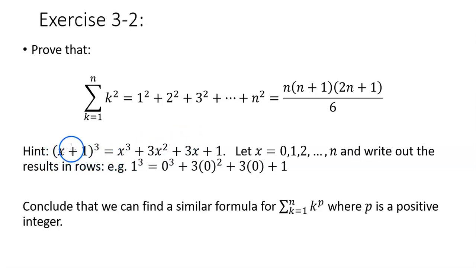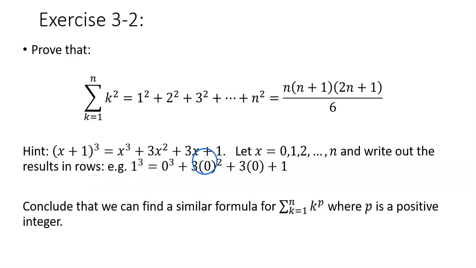use. x plus 1 cubed is equal to x cubed plus 3x squared plus 3x plus 1, and that's for all real numbers x. And so we can let x equal 0, 1, 2, all the way up to n, and write out the results in rows.